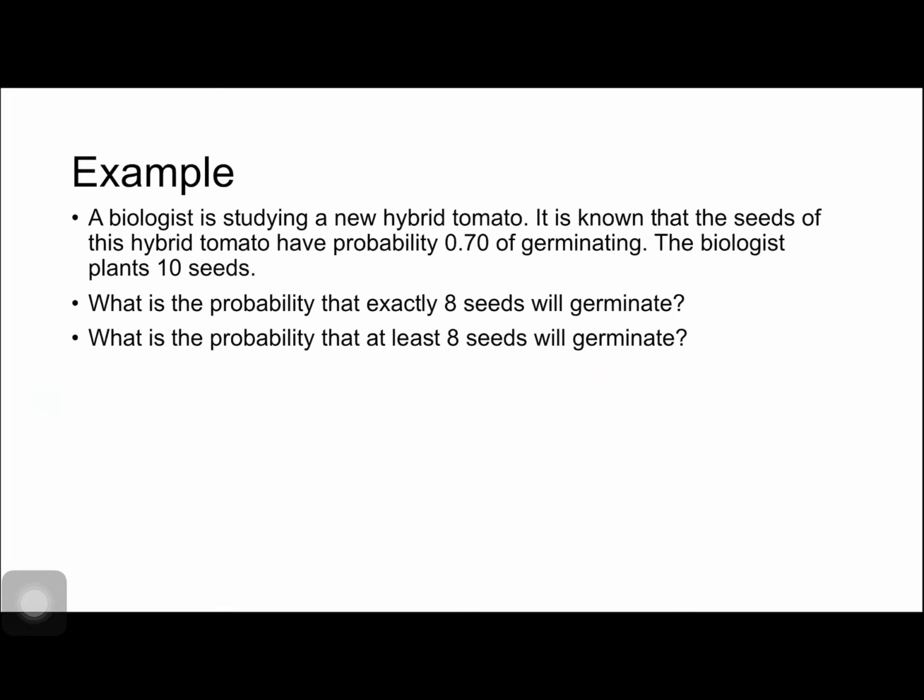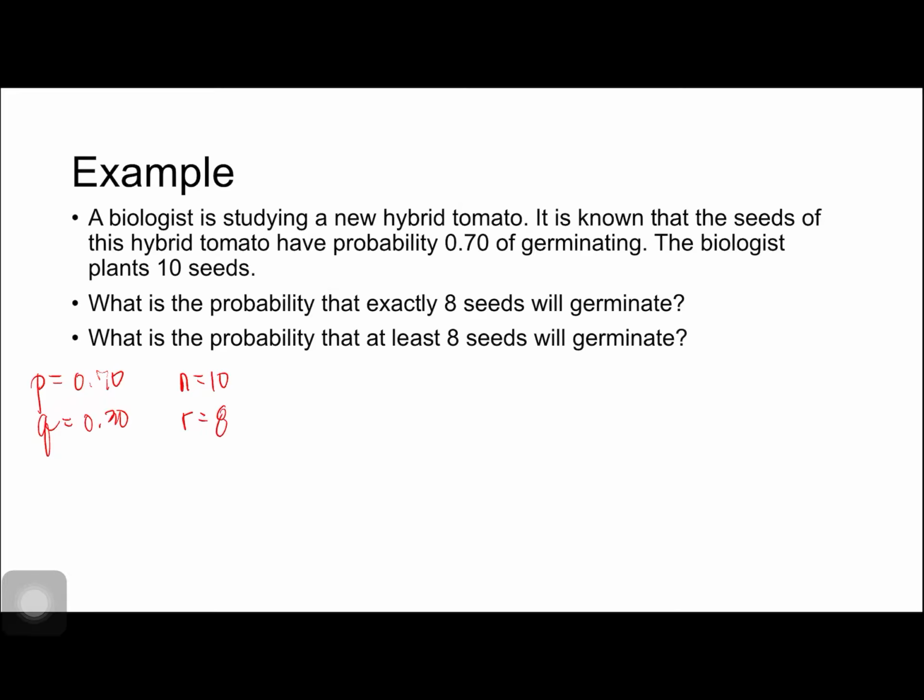For the given values, P is 0.70. Our Q is 0.30, from 1 minus 0.70. For N we have 10 and R is 8.